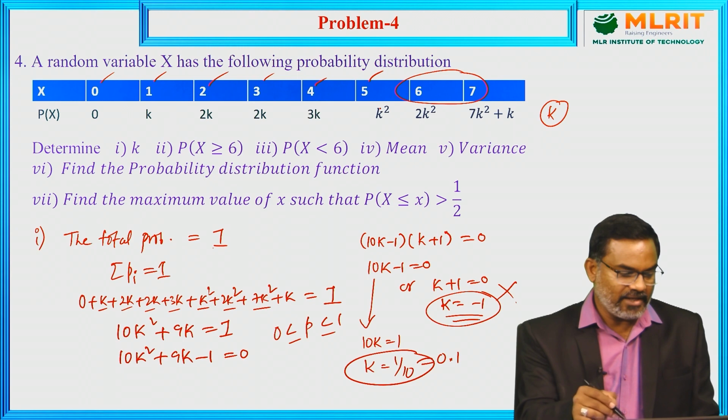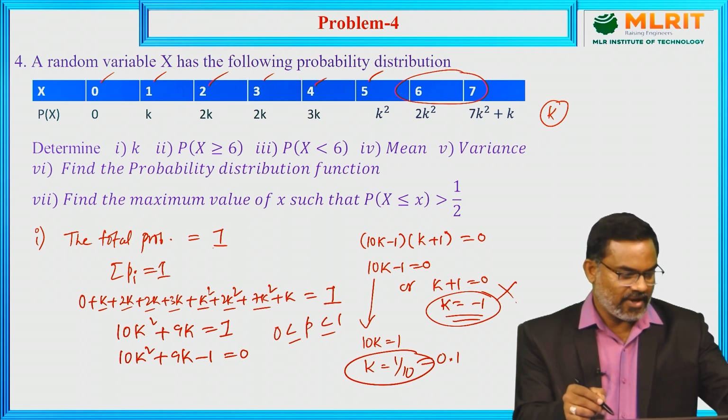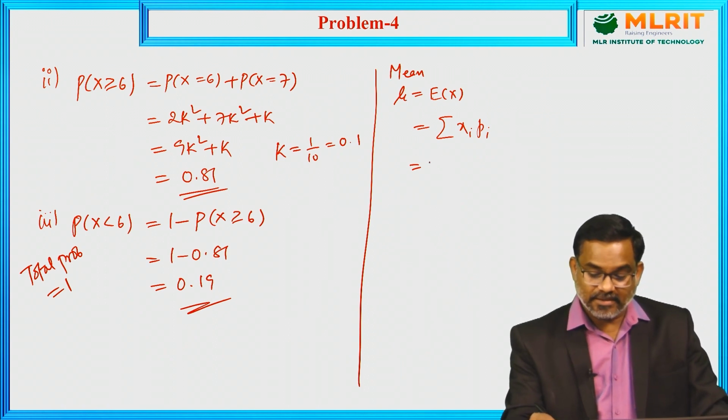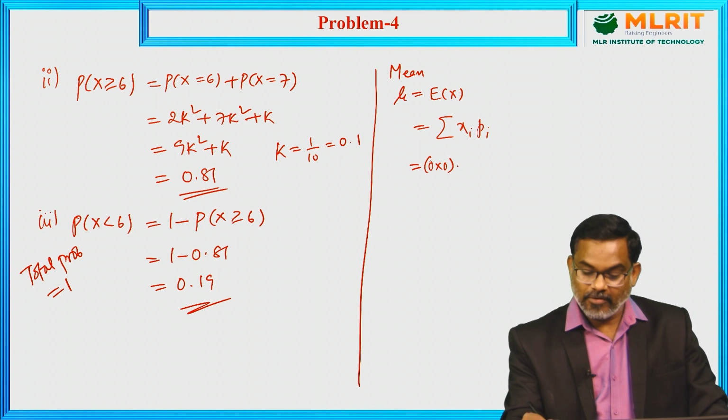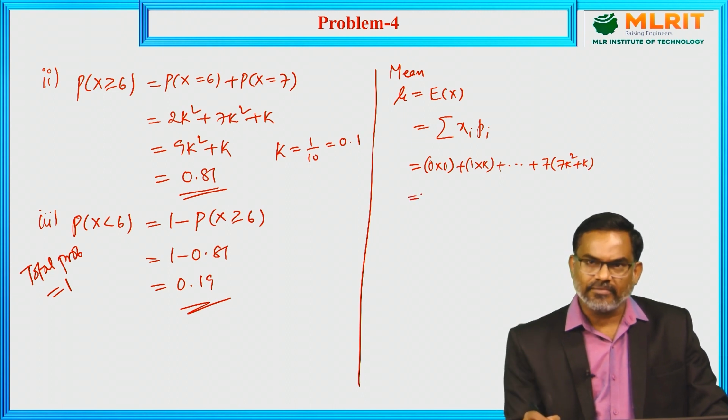By finding the sum of the products, we can calculate sigma xi into pi. This is 0 into 0 plus 1 into k plus so on, plus the last value 7 into 7k square plus k, the sum of the products of those values.